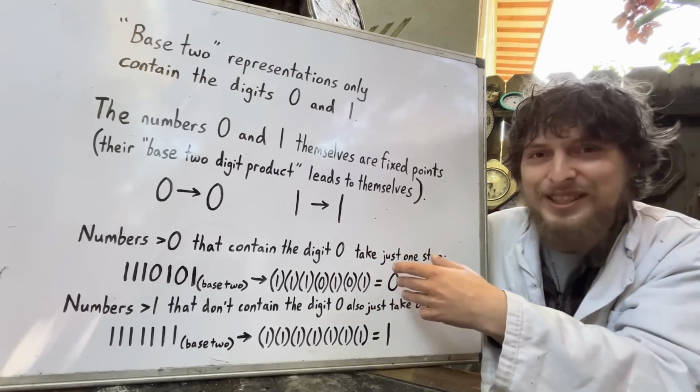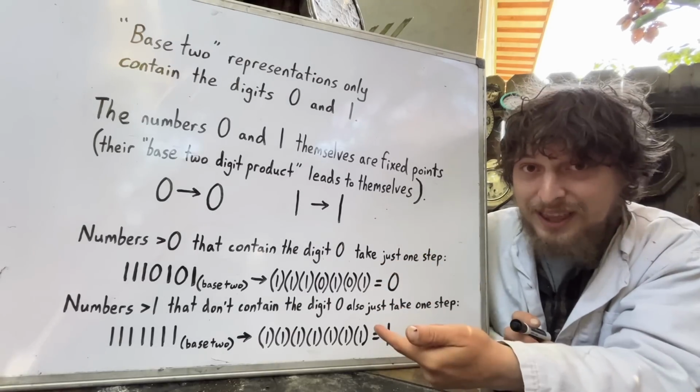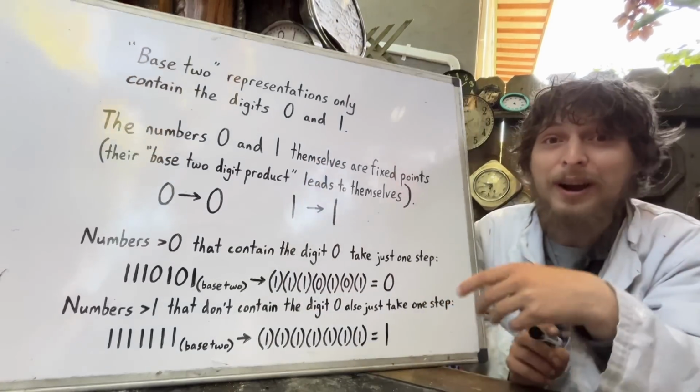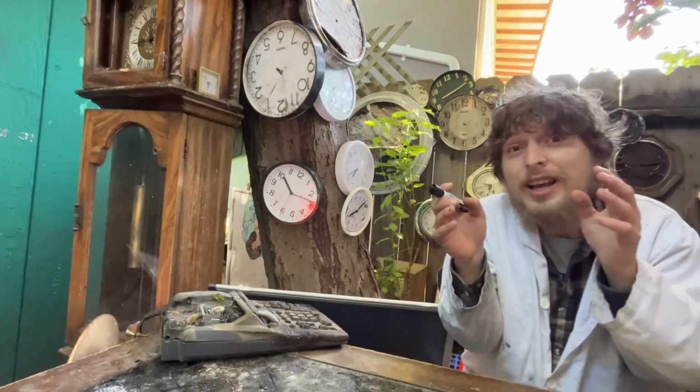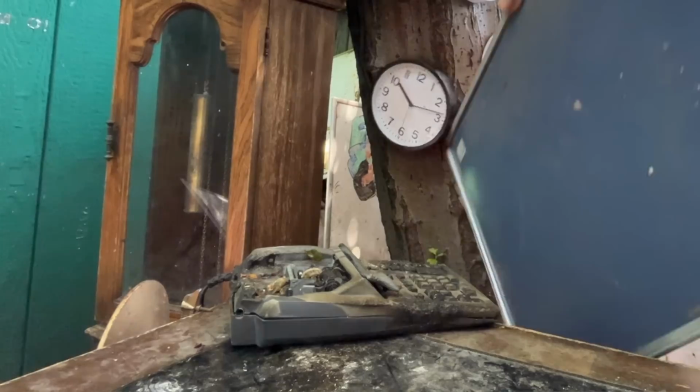So regardless of which whole number we start with, it'll either be a fixed point or take just 1 step to become a fixed point.